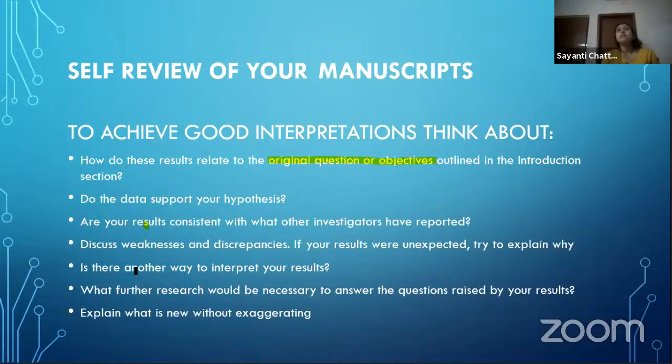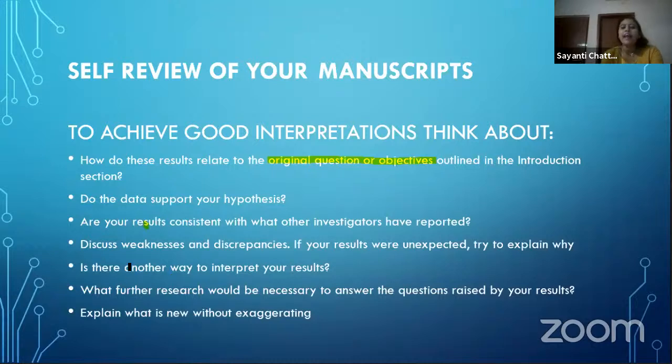You have presented one new algorithm, but it is not so good. You will explain, so that the next researcher will not use this technique. So that is also one finding, that this method is not good, or this method gives the same result. Like algorithm X gives the same result as Y. That is also a finding.